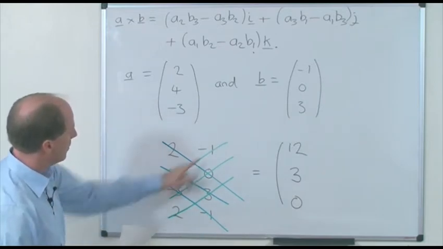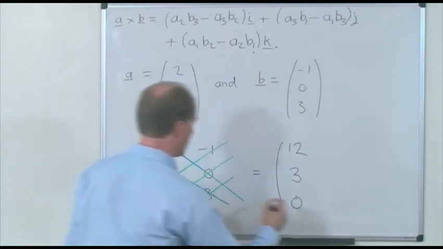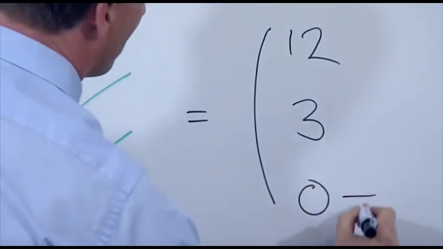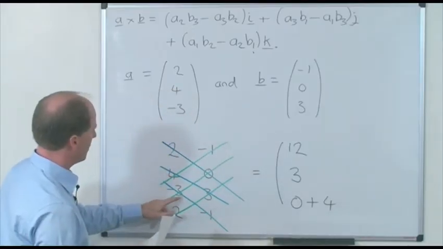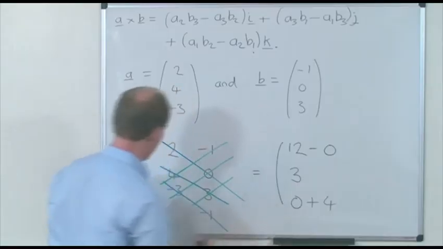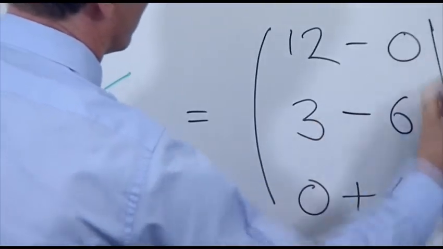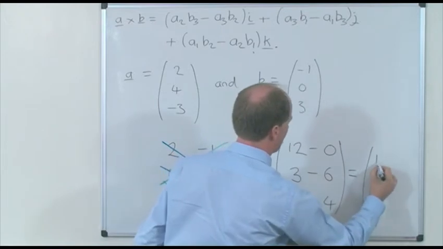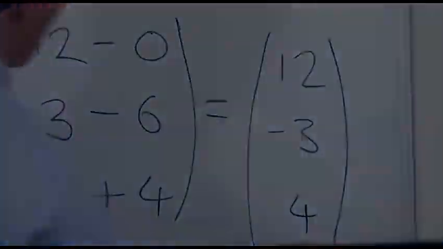Now I go and do the upward diagonals. 4 times minus 1 is going to give me minus 4, but then I have to take off another minus sign, so that becomes plus 4. Minus 3 times 0 gives me 0. And finally, 2 times 3 gives me minus 6. So the answer is that a cross b is equal to 12, minus 3, 4.